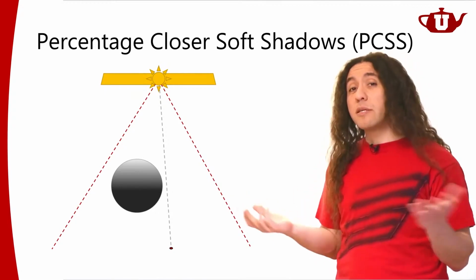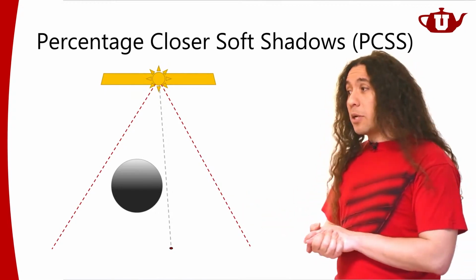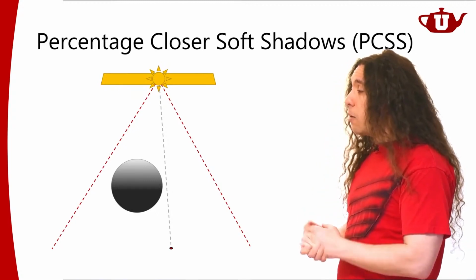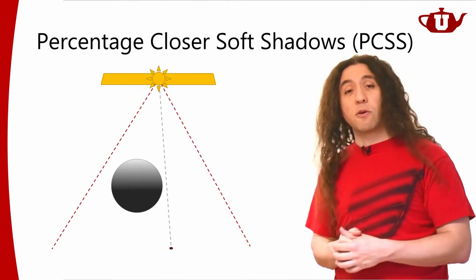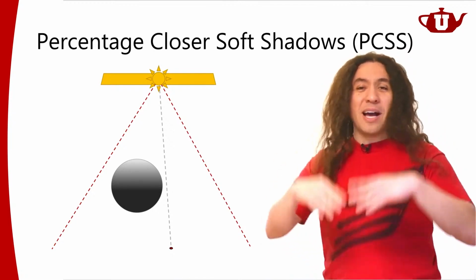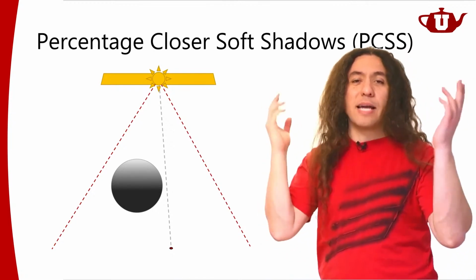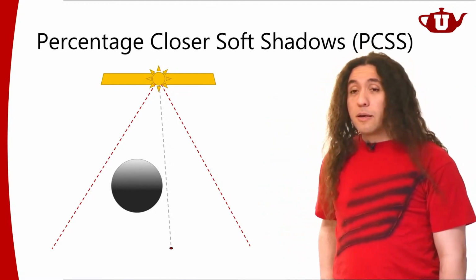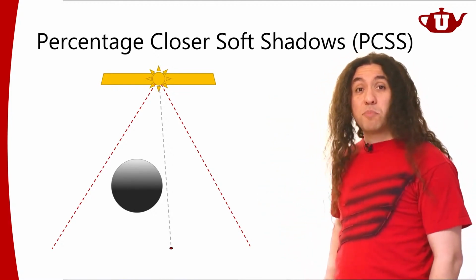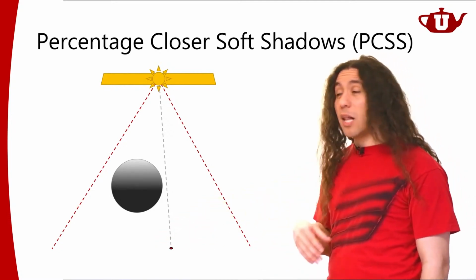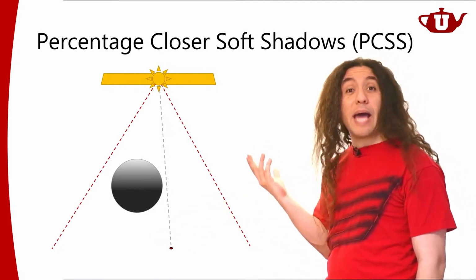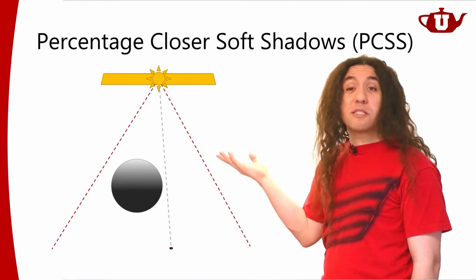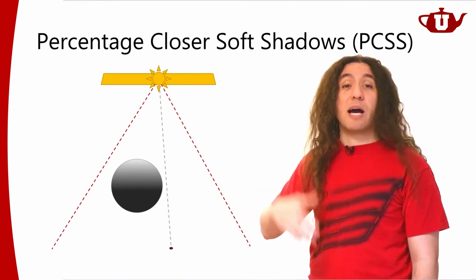If I see an occluder, then I need to compute the occluder distance. Now I'm going to have potentially 15 different occluder distances, or however many I'm looking at. Let's say I'm looking at 10 of them. I'm going to have 10 different occluder distances. How am I going to compute my percentage closer filtering size? Well, I could take an average of them, right? That gives me an average occluder distance, and I can blur things out based on that.